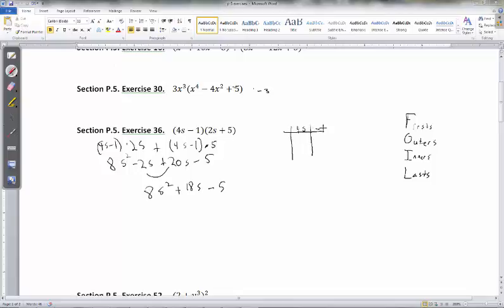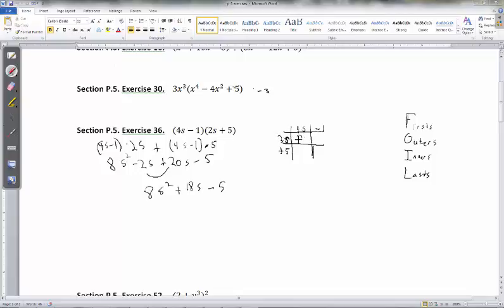So 4s minus 1, and I have 2s plus 5. Then you fill in the table with the multiplications of the row header and column header.